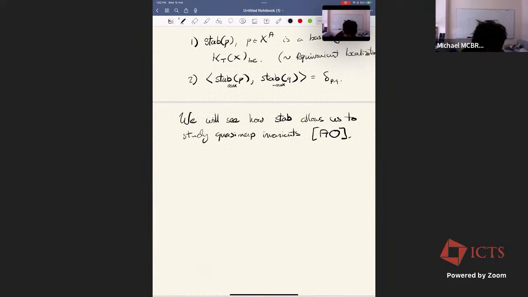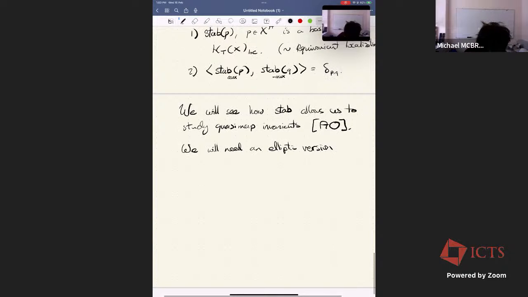To do that, we have to introduce the elliptic version of stable envelopes. Both the K-theoretic and the elliptic version are useful for studying quasimap invariants, but the elliptic version is a bit of a mouthful.